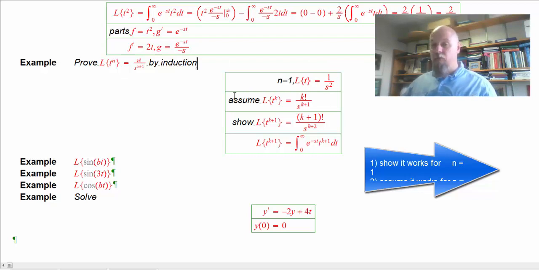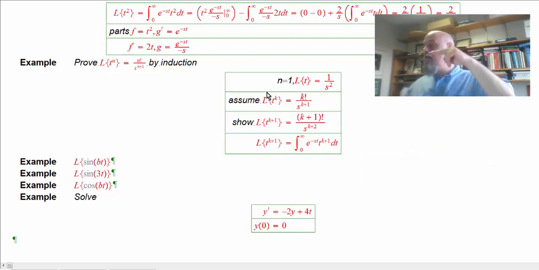The second part of a proof by induction is I assume that it works for n equals k. So I'm assuming that the transform of t to the k is k factorial over s to the k plus 1. The third part is I show that it works for n equals k plus 1, the next number. So if it works for k, then it's going to work for k plus 1.